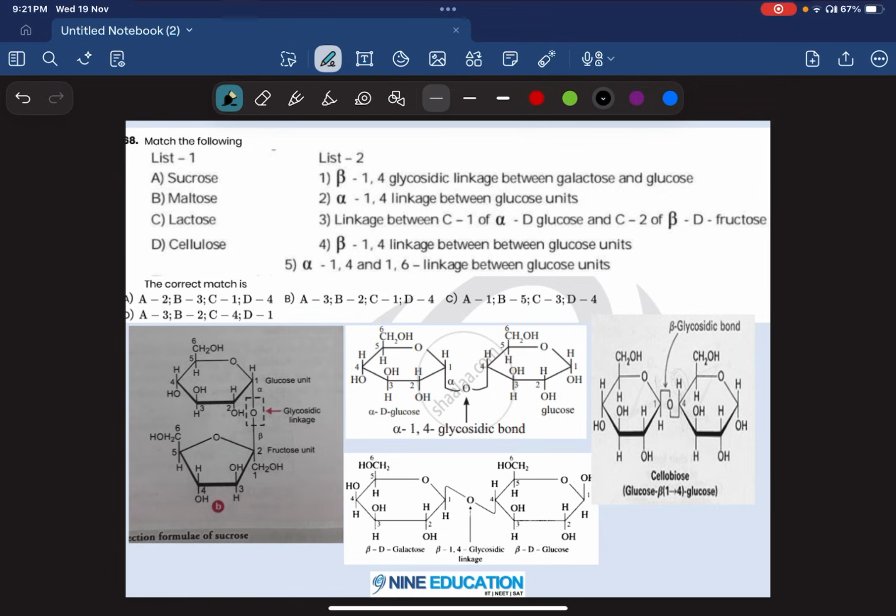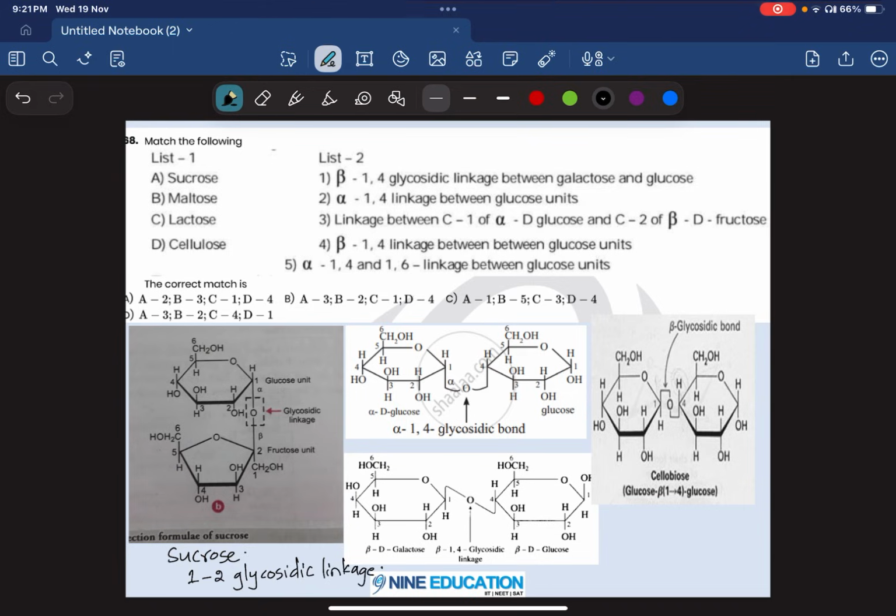Sucrose is made up of a unit of glucose and fructose. So this is sucrose here, and you can see that there is a 1,2 glycosidic linkage in case of sucrose.